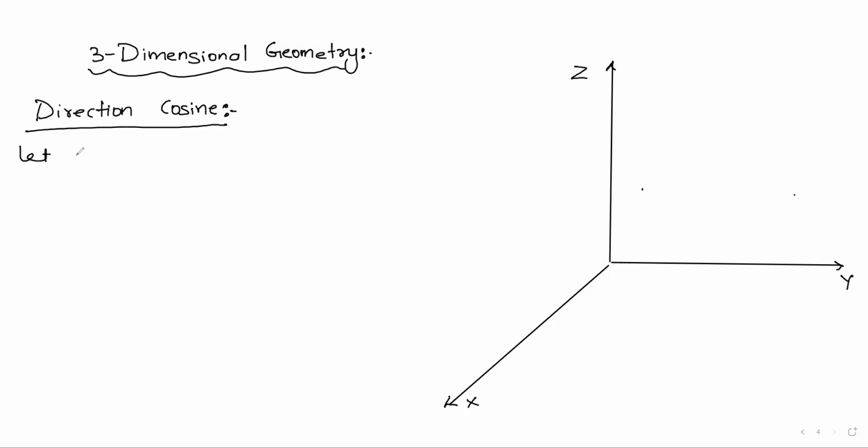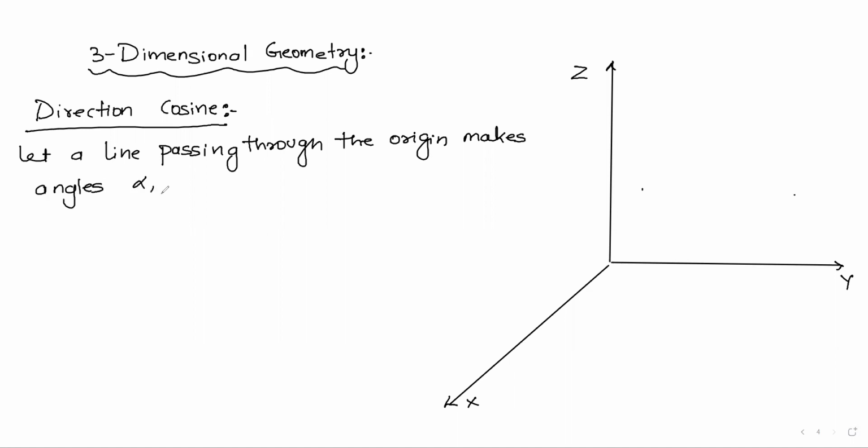Now let a line L pass through the origin and make angles alpha, beta, gamma with the x, y, and z axes respectively.